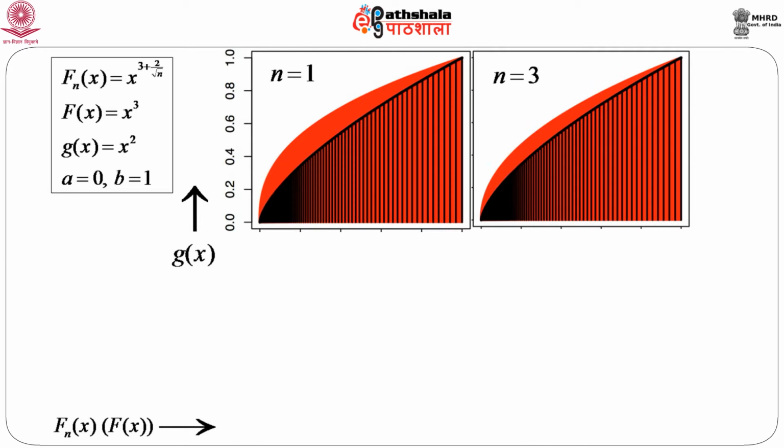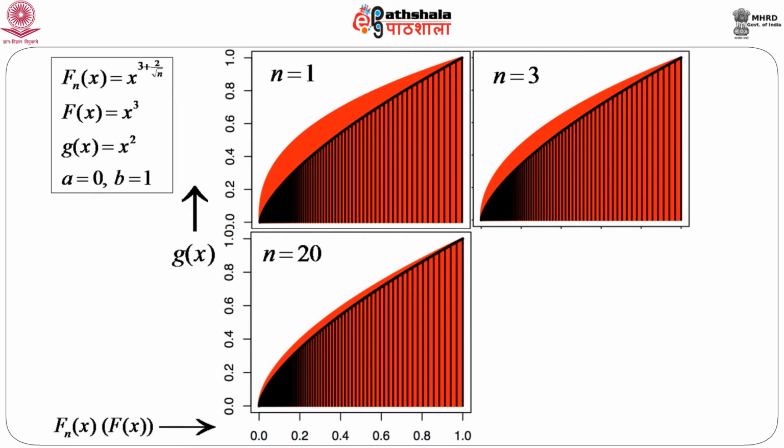When n equals 3, if we plot the same graph, we see that the area that is only red, but not shaded with black, is reduced compared to when n equals 1. That means it starts approaching this black area. When n equals 20, it is very prominent that the only red area is again much less.